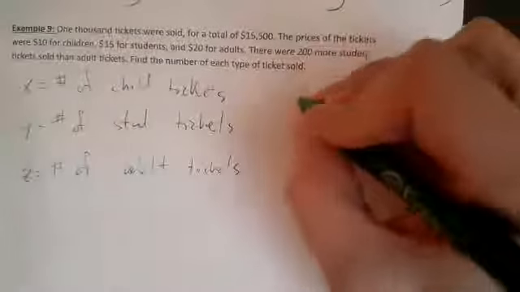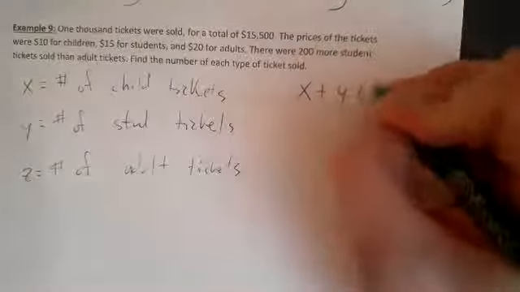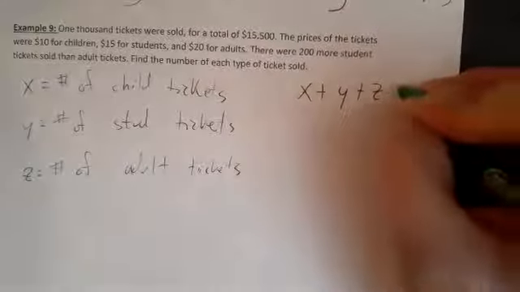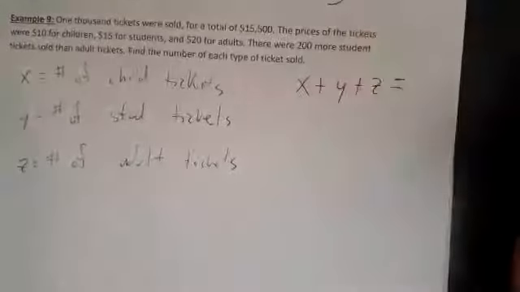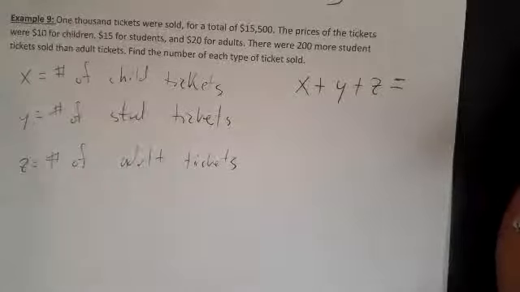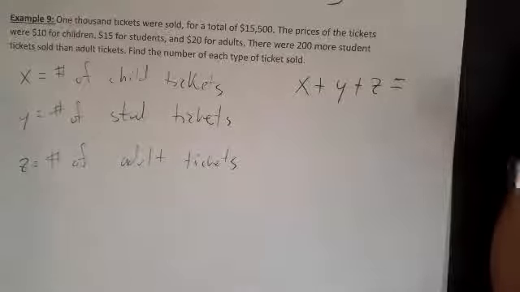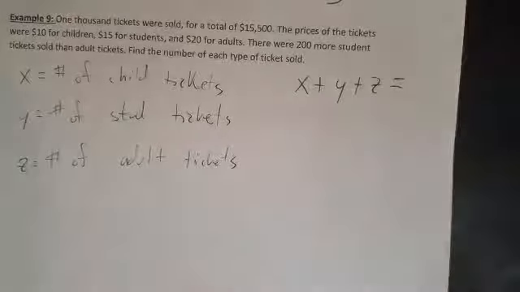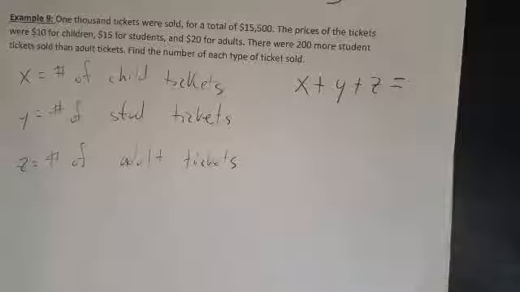If I want to add X, Y, and Z, what number should I pick? So if I add up all the children tickets, student tickets, and adult tickets, how many total tickets were there?